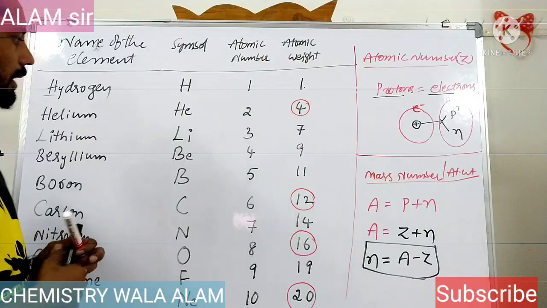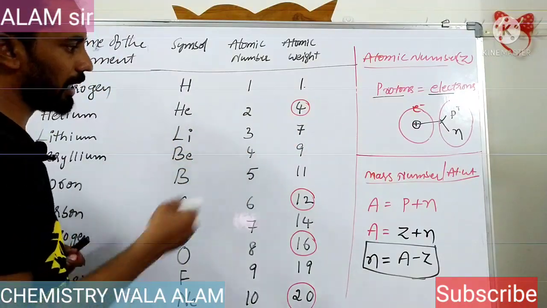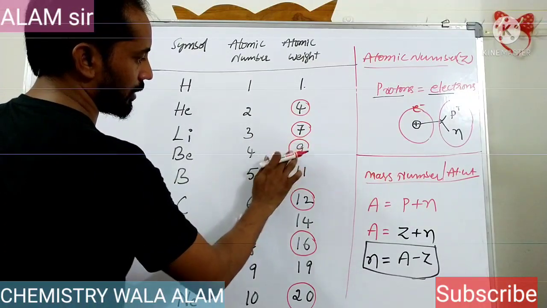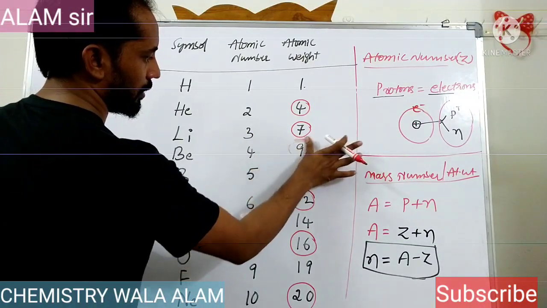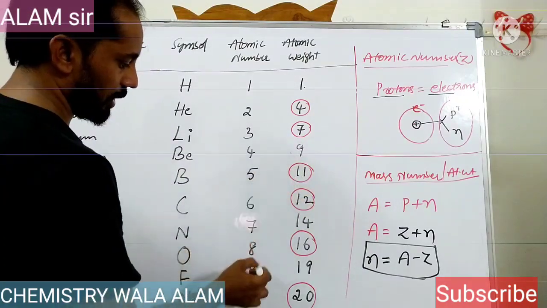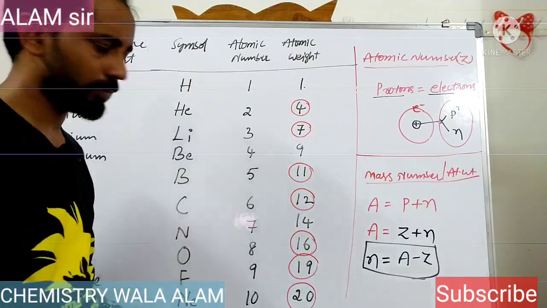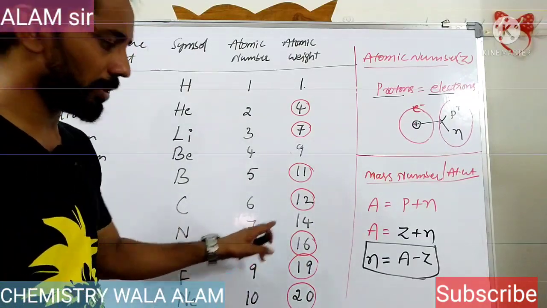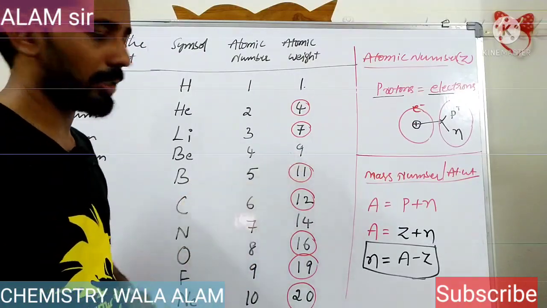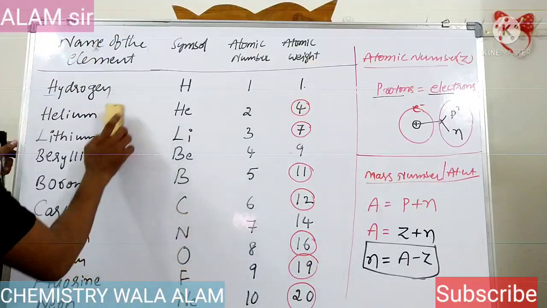In the odd numbers, 3 7, 5 11, 9 19, it is not always so. Here nitrogen is 7 but 14, an odd number with exactly double, while others get double plus 1. Hydrogen is 1. Okay, how to remember all this.